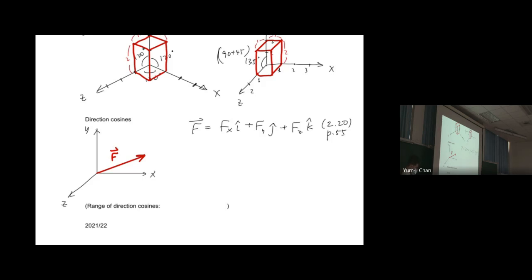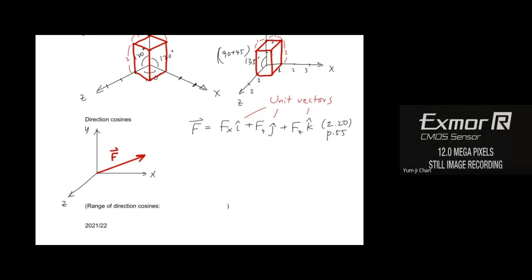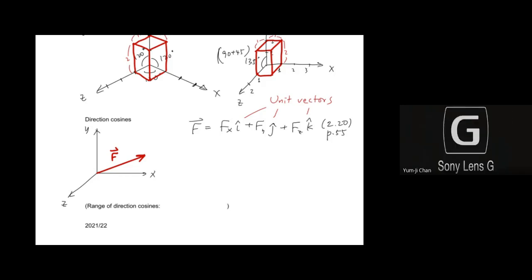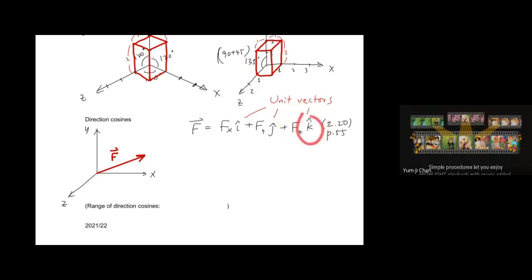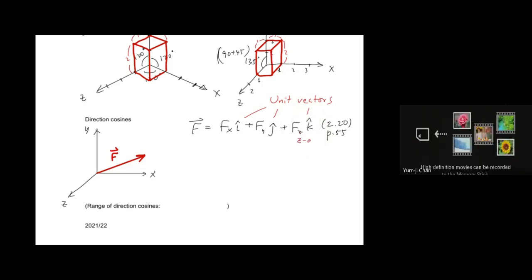Of course, these are the unit vectors. Because it's in 3D space, we need this one, because k is the unit vector in the z-axis in 3D space.